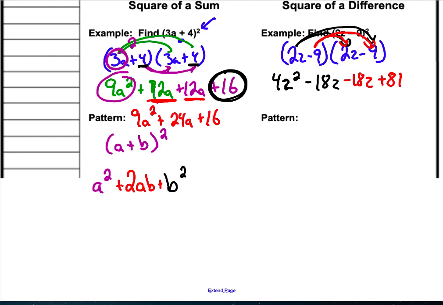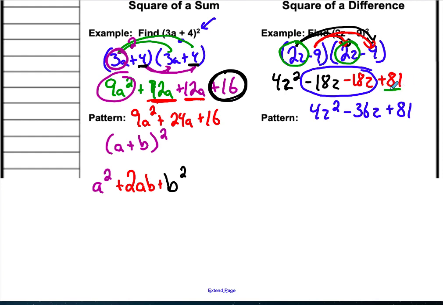So again, what's happening is we're getting 2 of that middle term. So this would simplify to be 4z squared minus 36z plus 81. So again, my first term was 2z times 2z, so 2z squared. My last term was negative 9 times negative 9, which was positive 81.